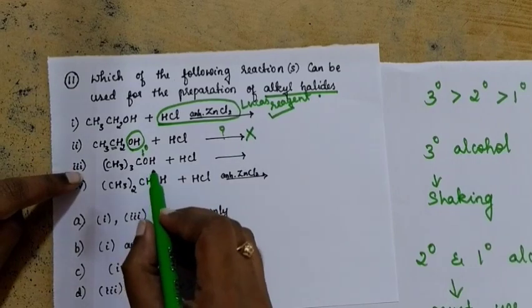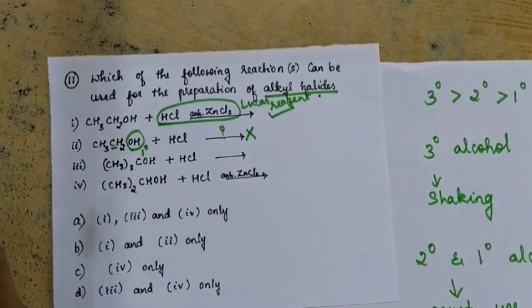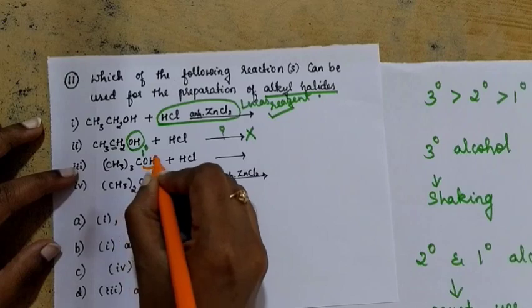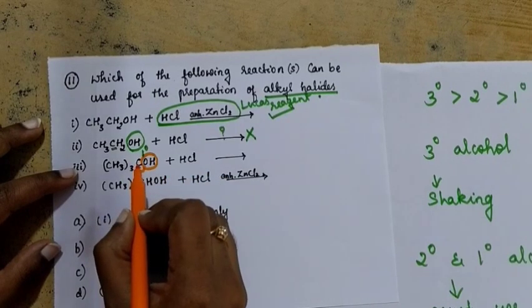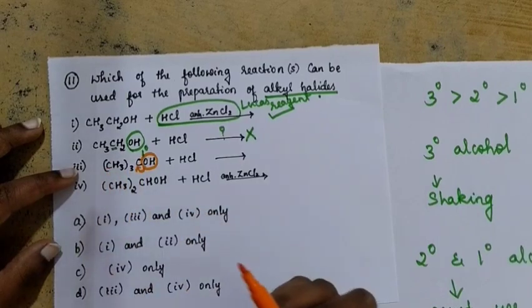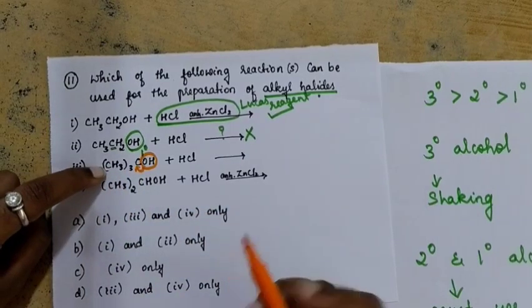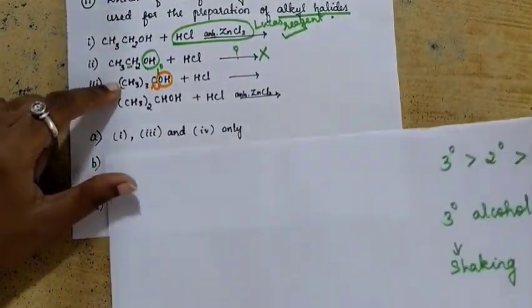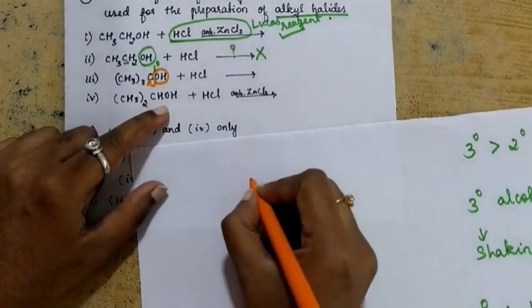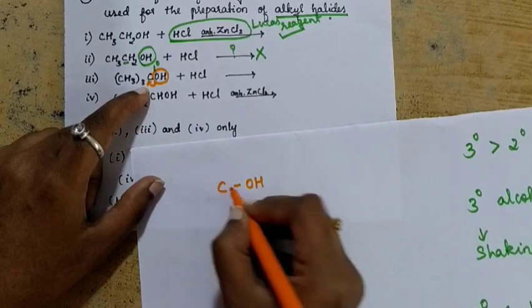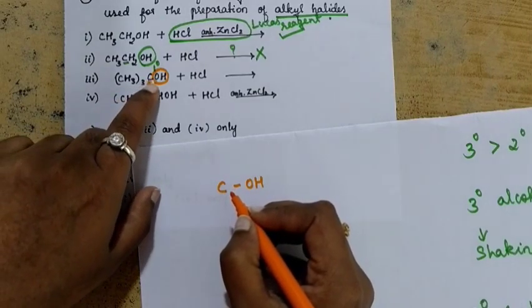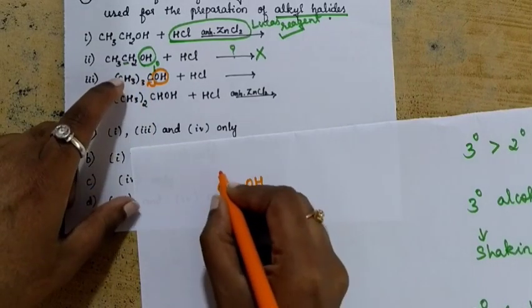In this case, alcohol is bonded with this carbon which is bonded with 3 more carbon atoms. Let me write the complete form of this one. Alcohol is bonded with carbon atom, correct? And this carbon atom is bonded with 3 methyl groups like this.